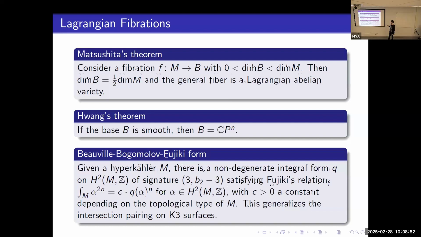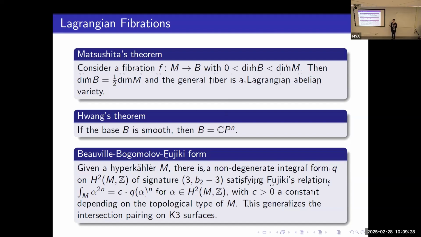And it satisfies Fujiki's relation, which says that the top intersection of a class alpha is some positive constant C times the Bogomolov-Fujiki form q(alpha) to the n. And this is a very special relation which generalizes the intersection pairing on K3 surfaces. And the constant C only depends on the topological type of the hyperkähler.